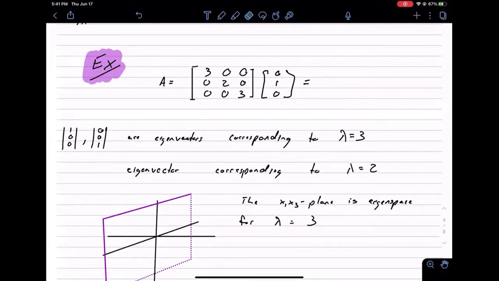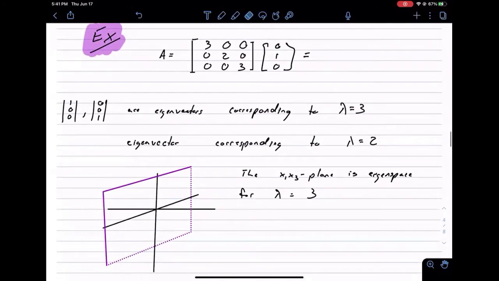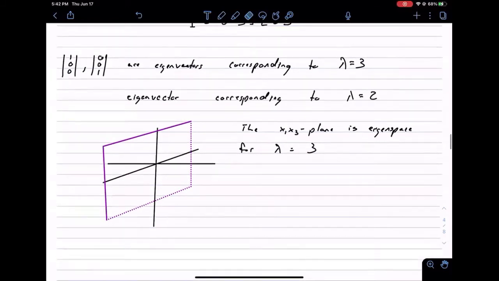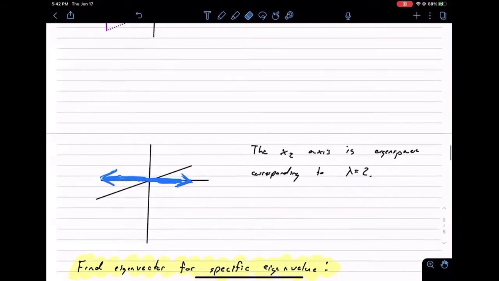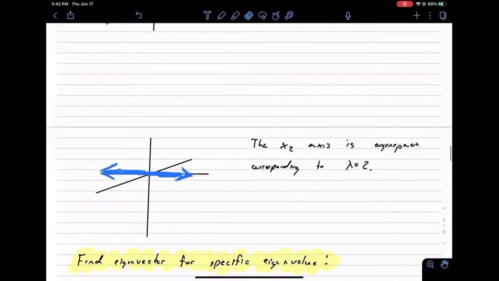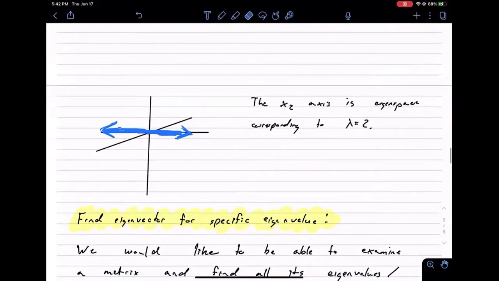The set of all eigenvectors for lambda equals 3 forms a subspace, and it actually ends up being this vertical plane, the x1, x3 plane. Also, the set of all vectors that correspond to eigenvalue 2, it's also a subspace. It's a smaller subspace. It's just a line, just that line along the x2 axis.